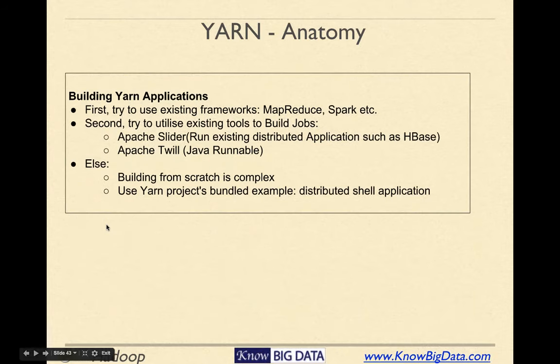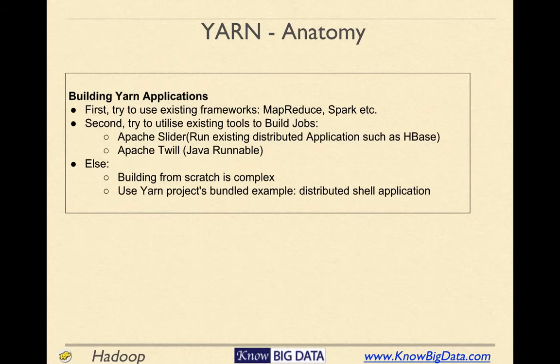All right. So if you want to build your own YARN application, first try to use existing frameworks such as MapReduce, Spark, etc. Second, try to use existing tools to build jobs such as Apache Slider and Apache Twill.